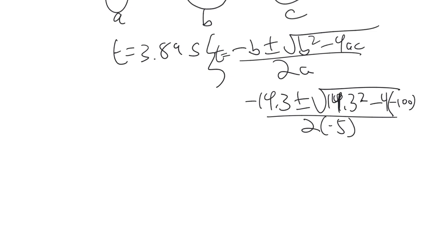Okay, so obviously I want to add it so I don't get a negative number. So minus 14.3, then divided by negative 10.